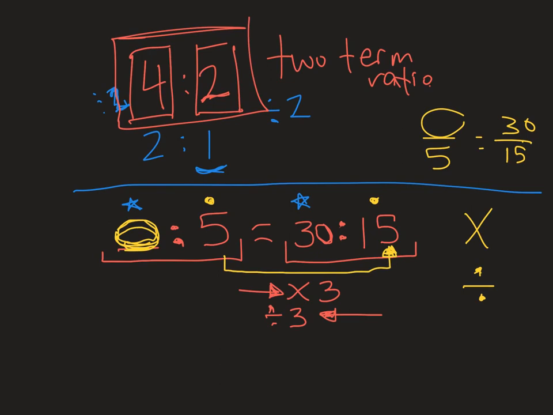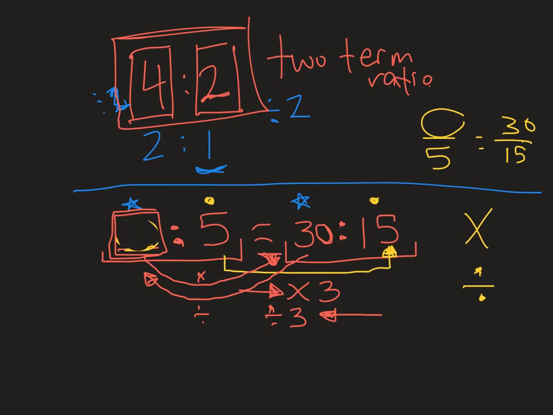So if you want to go back to this blank and think to yourself, what number times 3 gets to 30? Or you can say 30, if you want to go the other way, 30 divided by 3 equals what? Okay, so you have a couple options here.